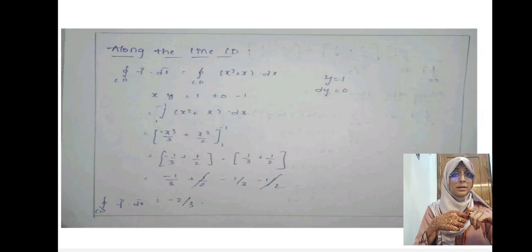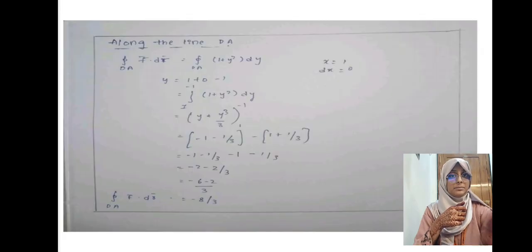Now x cube by 3 plus x square by 2, which gives minus 1 by 3 plus 1 by 2 minus 1 by 3 plus 1 by 2, so minus 1 by 3 minus 1 by 2. Integral CD of f bar into dr bar equals minus 2 by 3.